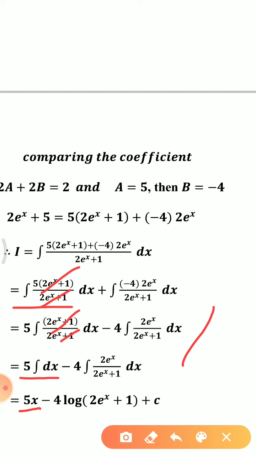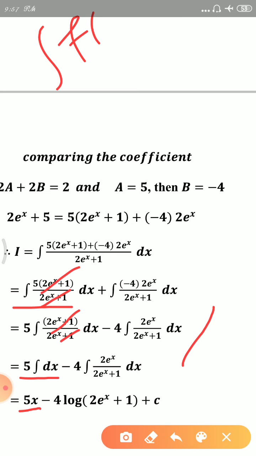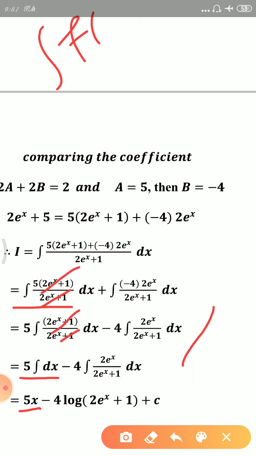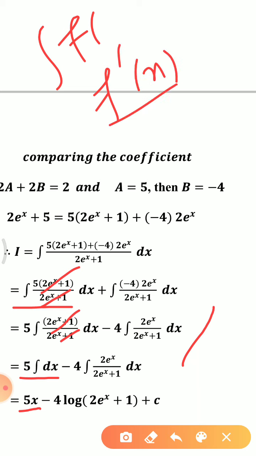The derivative of 2 e raised to x plus 1 is 2 e raised to x, applying the integration of f dash of x upon f of x, that is log of f of x plus c.